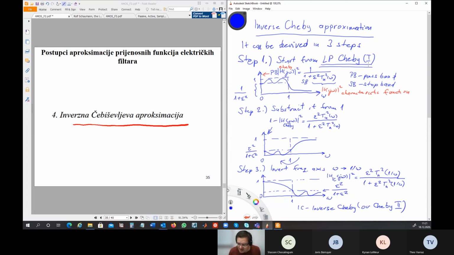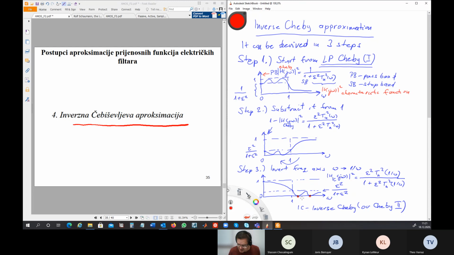But why do we learn it separately? This is because this characteristic has some properties which are, for example, you see it has, I'm writing in red, zeros which are lower than infinity.